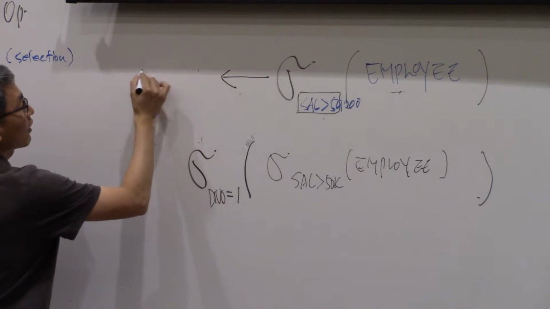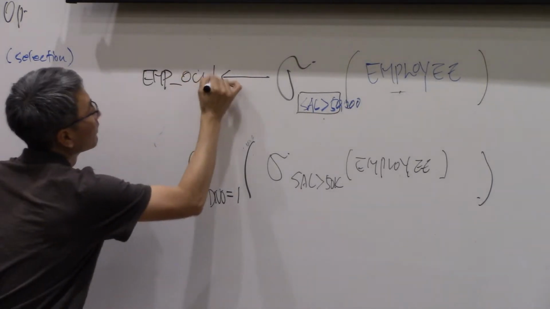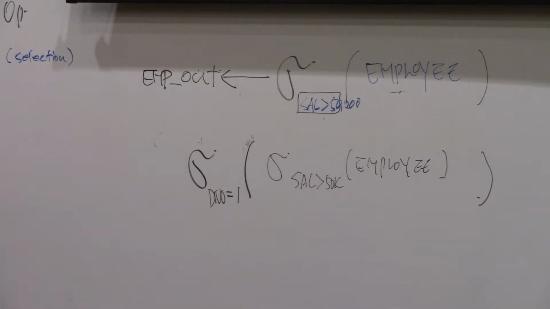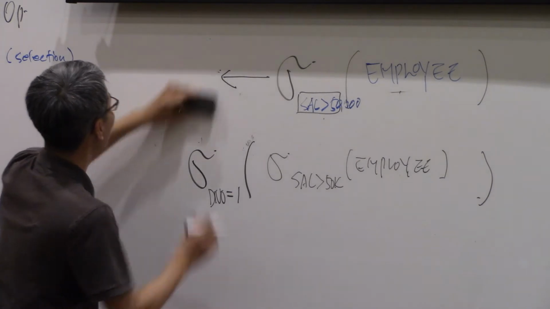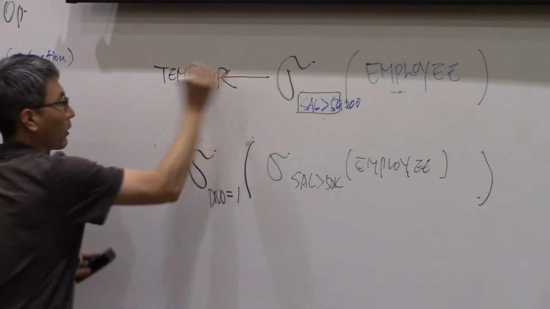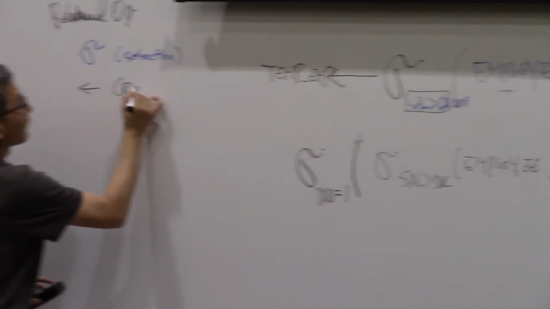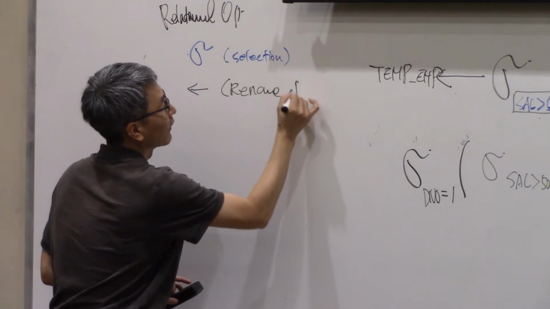This is EMP, whatever the name, like the output. EMP out, you can name it. Or temp. Sometimes we use TEMP, whatever name we can give it. So this is a rename of what? Relation.